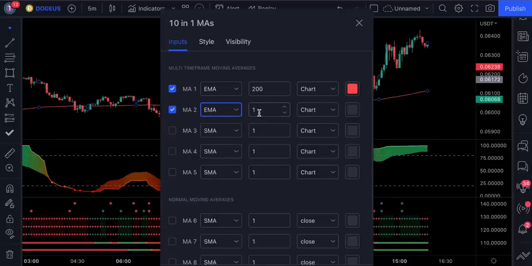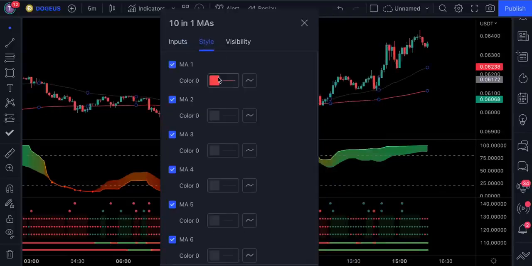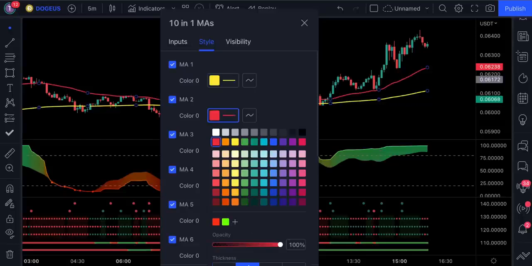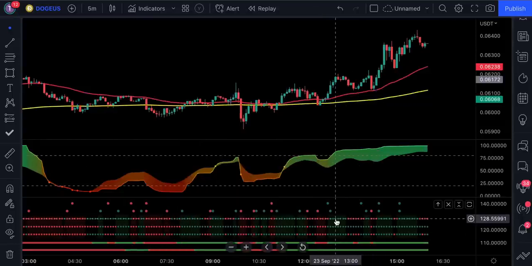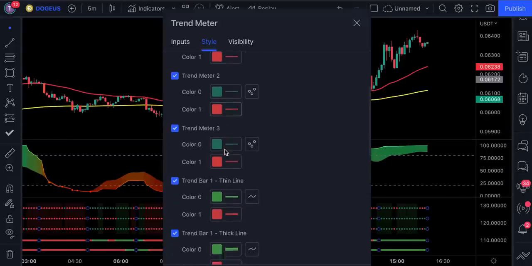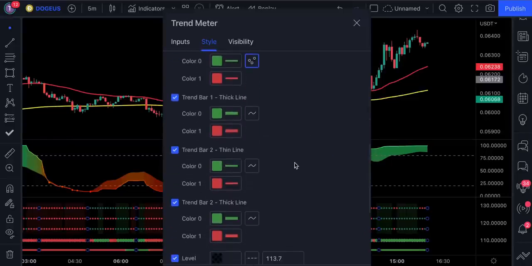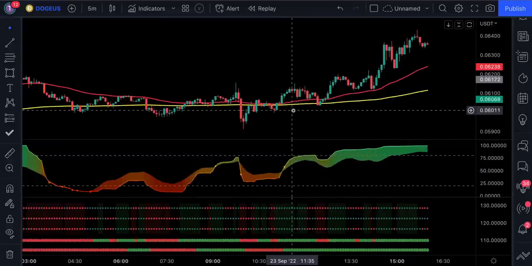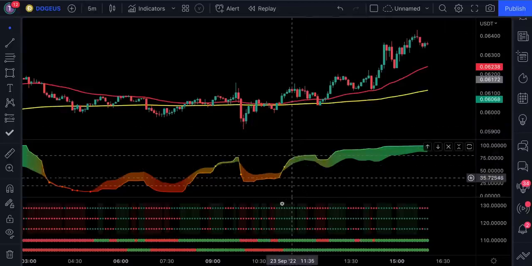We're going to set its length at 50. Also, let's make some adjustments to the trend meter. These indicators will help us minimize a lot of false signals issued by the RSI.